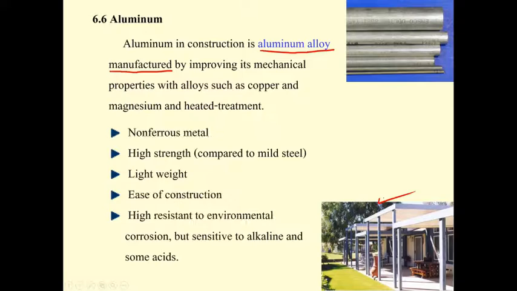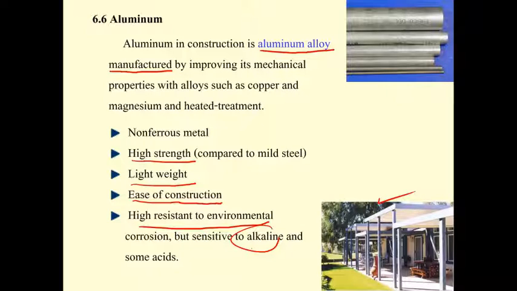but it's a kind of expensive though. The good thing is the material has a high strength, as I just mentioned before, compared to my steel, and it's lightweight. Okay, since it's lightweight, it's easy of construction and has high resistance to environment. Okay, but it's a kind of sensitive to the alkali, so you cannot put aluminum with the concrete.